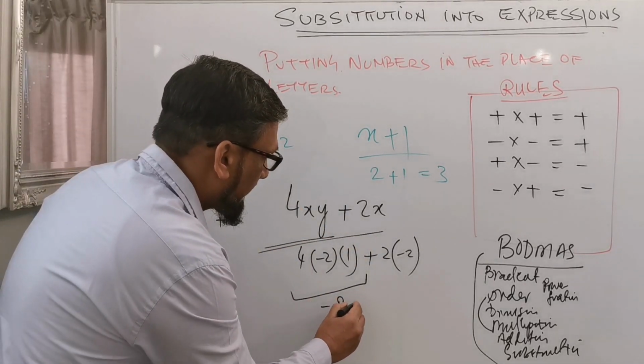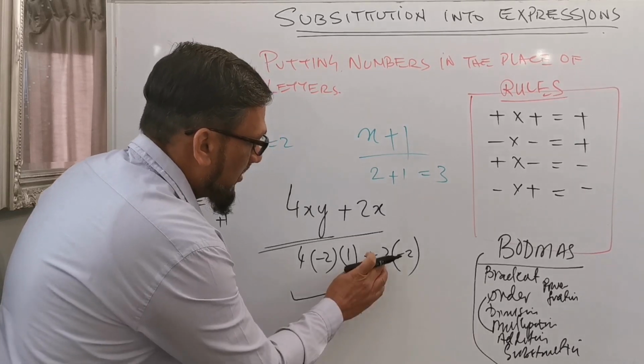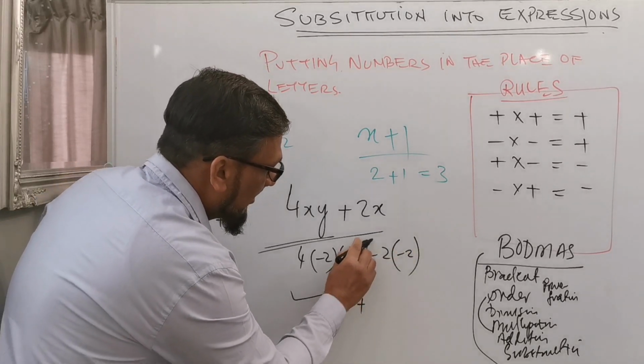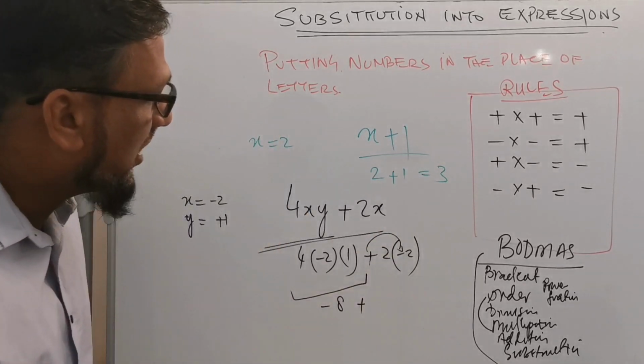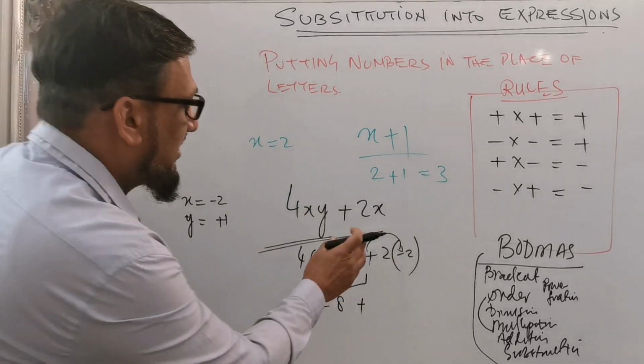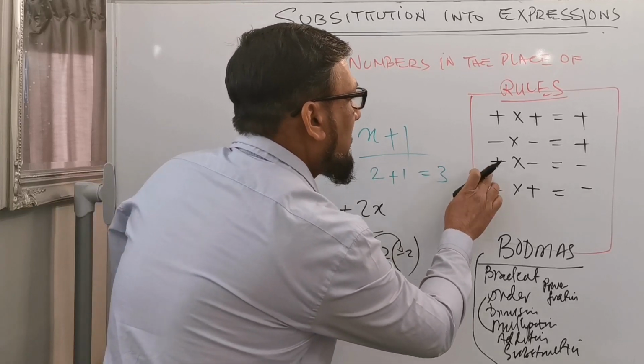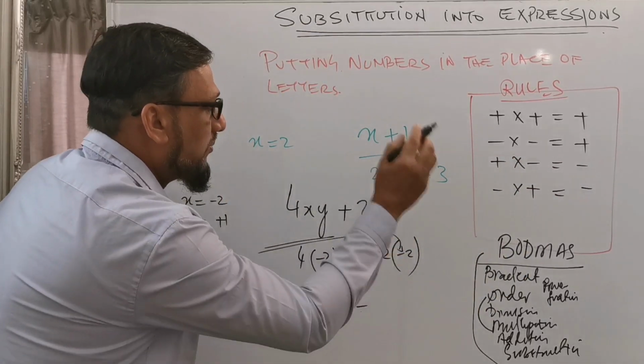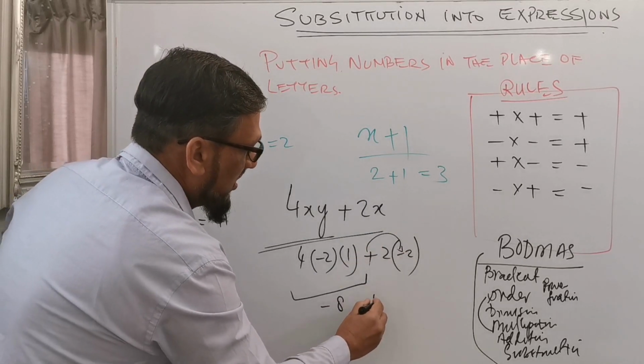And then 2 plus minus: look here, plus 2 times minus 2. Plus times minus is minus, so the sign has to be changed to minus, and 2 times 2 is 4.